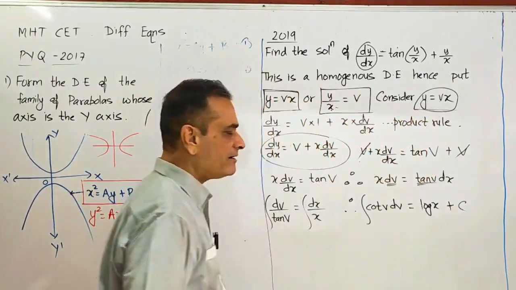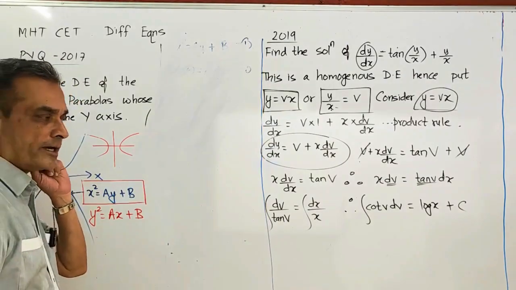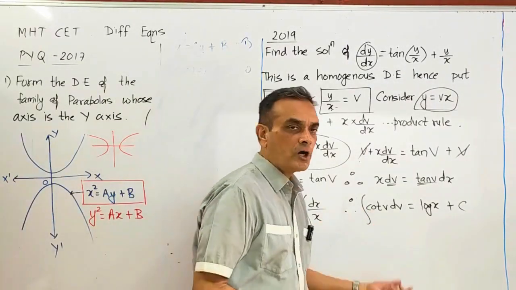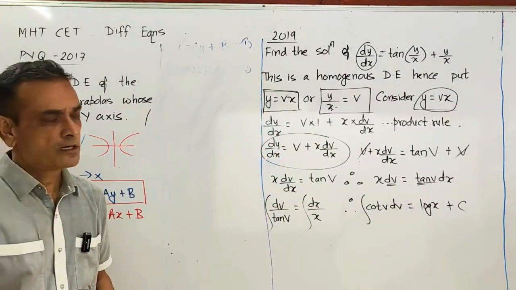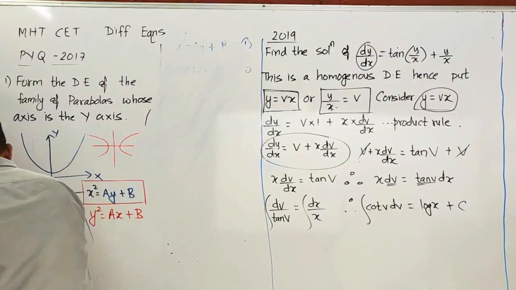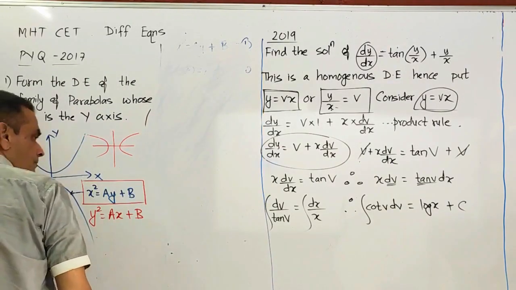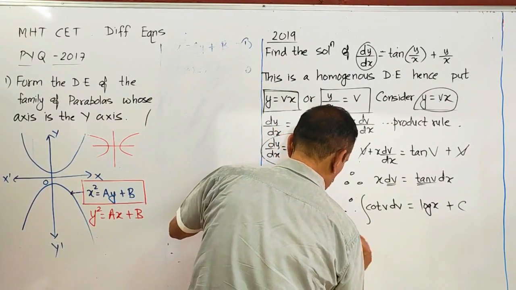Let us see if I have to write it as log of c. Okay. What is the integral of cot x? Log of sin x. So integral of cot v is log of sin v. This is its answer.